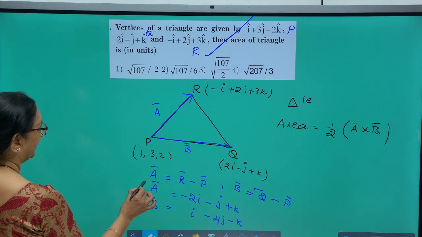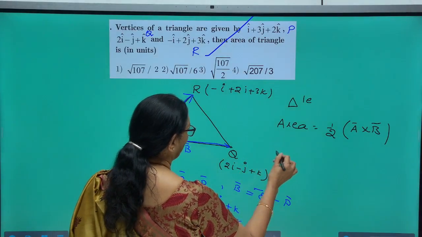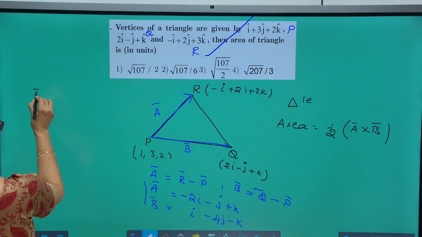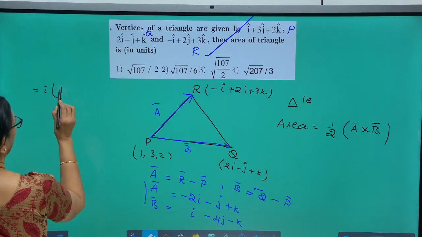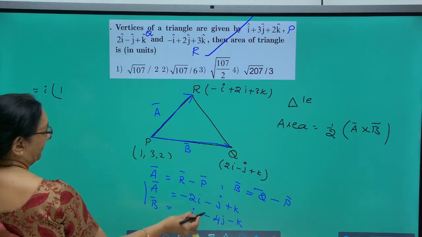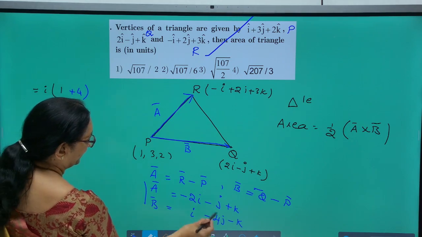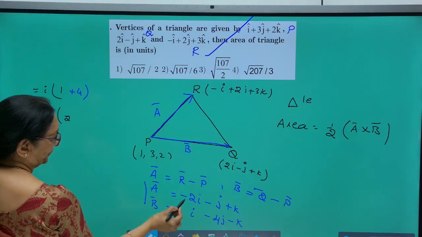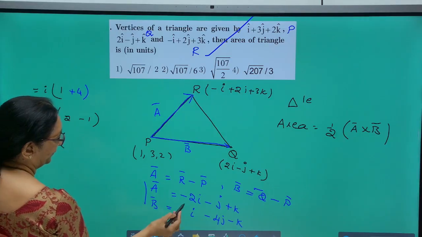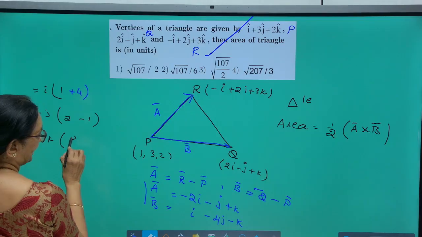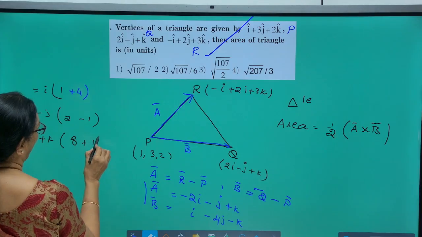Now, we need to find out the cross product A bar cross B bar. So, I am writing it here, I bar into 1 into 1, minus 1 into minus 1, minus of minus becomes plus, minus j bar into 2 minus 1, plus k bar into 2 fours are 8, minus of minus becomes plus 1.